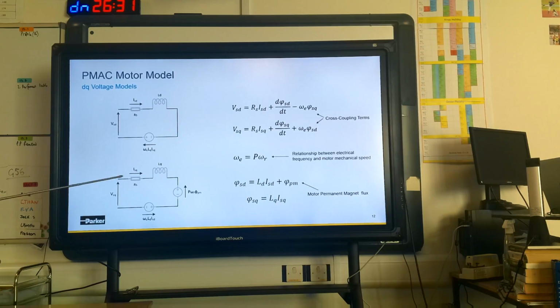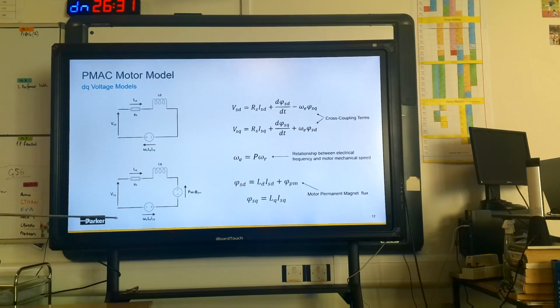And then you've actually got the flux equations. So the first thing to notice, we're field oriented, therefore the magnetic flux of the permanent magnet is on the D-axis, and then we've got the flux produced by the inductance and the current. Whereas on the Q-axis, you've just got the flux produced by the inductance. So far, so good.